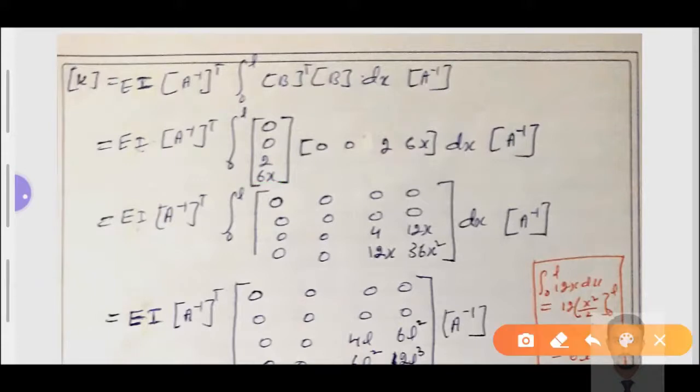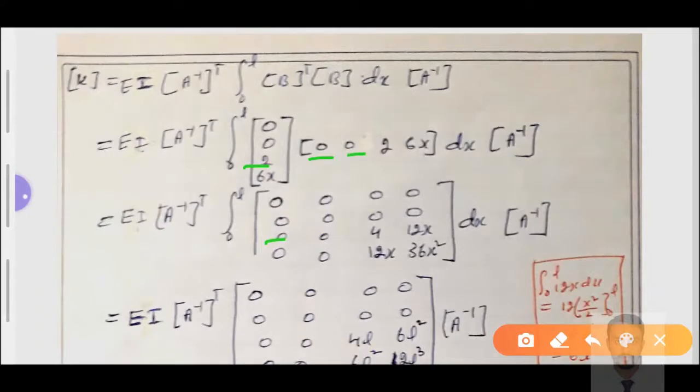We have here B transpose matrix into B matrix. We have here a 4 cross 1 matrix multiplied with the 1 cross 4 matrix. We'll get a 4 cross 4 matrix. First row first column 0, first row second column 0, first row third column 0, first row fourth column 0. All the values are multiplied with the 0 0. Then second row first column 0, second row second column 0, second row third column 0, second row fourth column 0. Why? The 0 has been multiplied with all columns. 2 into first column, that is equals to 0.